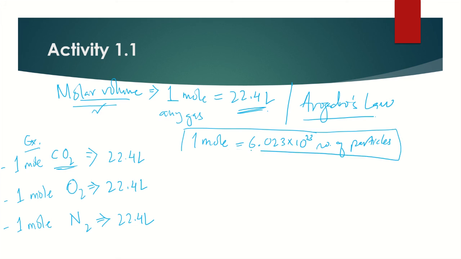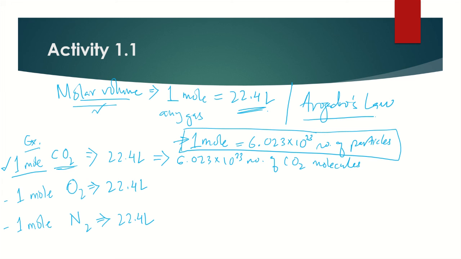So with this concept, let us look at the first example. 1 mole of carbon dioxide gas will contain 6.023 times 10 to the power 23 carbon dioxide molecules.